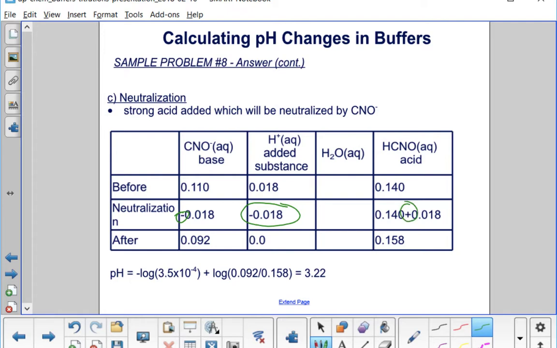So we have our concentrations after. Here's our base concentration, here's our acid concentration for our buffer after the neutralization. And again, the Henderson-Hasselbalch equation helps us to find the pH. So the negative log of the Ka plus the log of the concentration of base over acid gives us a new pH of 3.22.